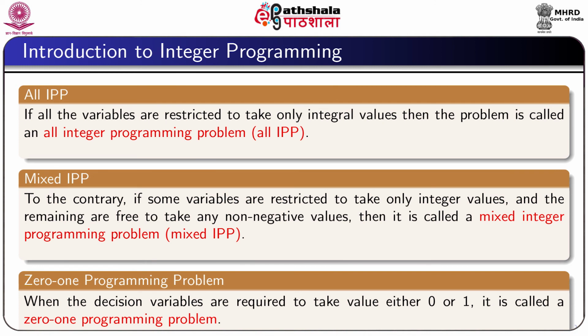On the other hand, if some variables are restricted to take only integral values and the remaining are free to take any non-negative values, then it is called a mixed integer programming problem or mixed IPP. When the decision variables are required to take value either 0 or 1, it is called 0-1 programming problem.